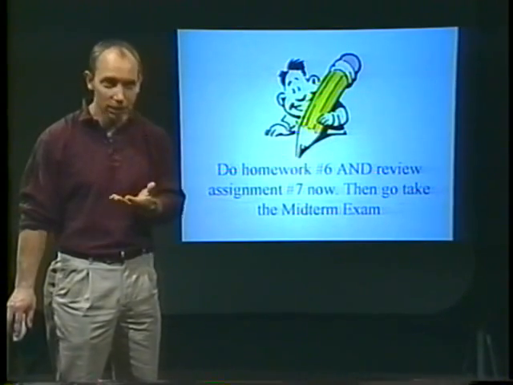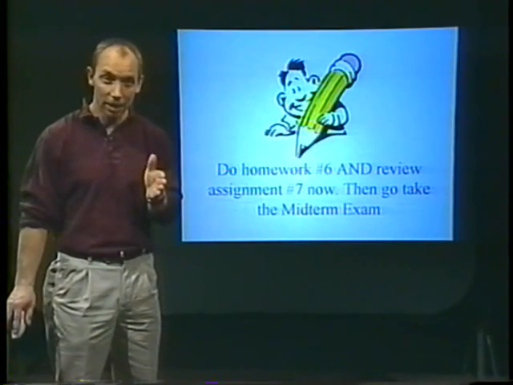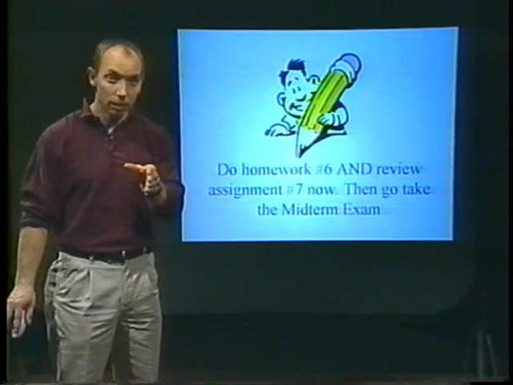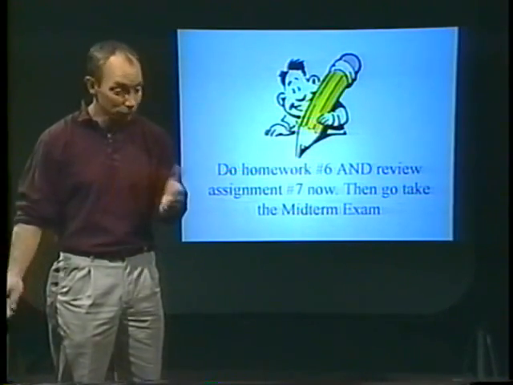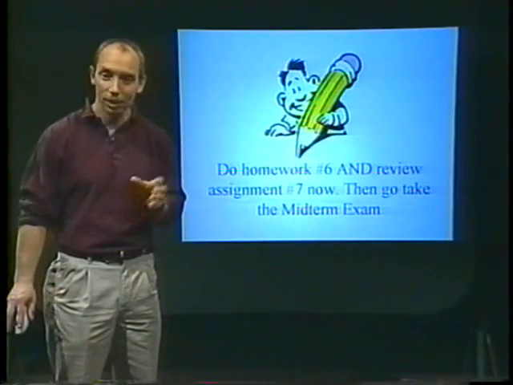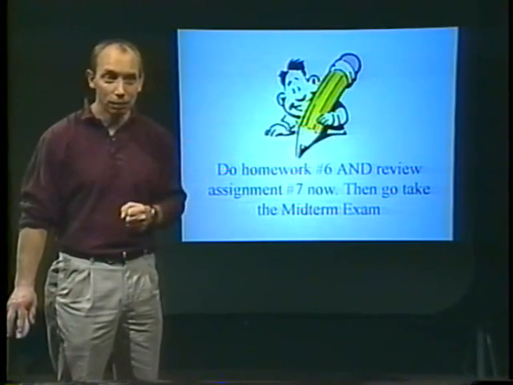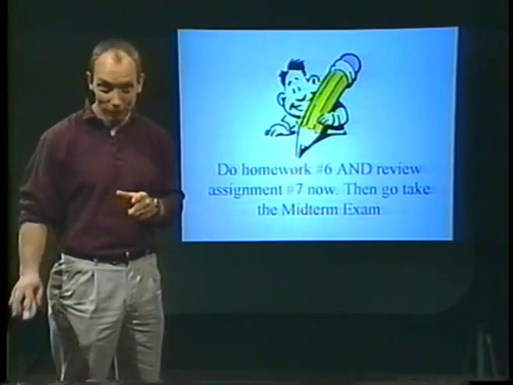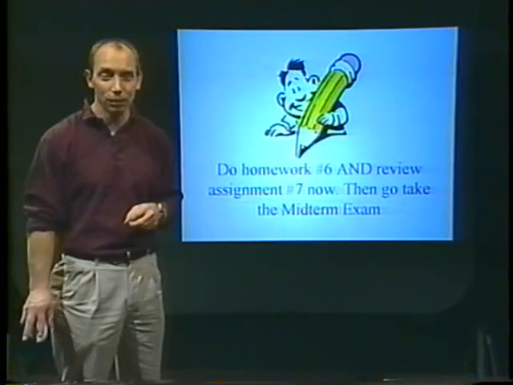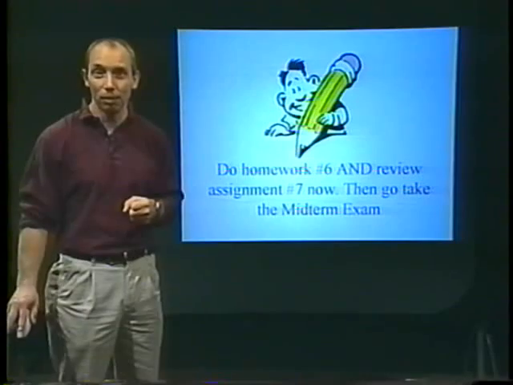I don't like to surprise anybody on tests. After that, you're supposed to take the midterm exam. And the midterm exam, I might as well tell you, no surprises, looks just like review assignment number 7. The numbers have changed. But if you don't do review assignment number 7, you're going to have trouble with the exam.